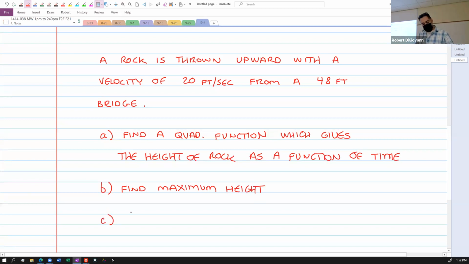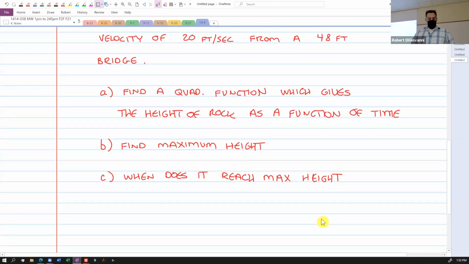The next thing I want to know is when does it reach the maximum height? The next thing I want to know is when does it hit the ground?